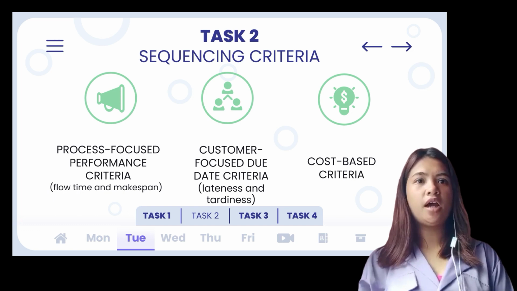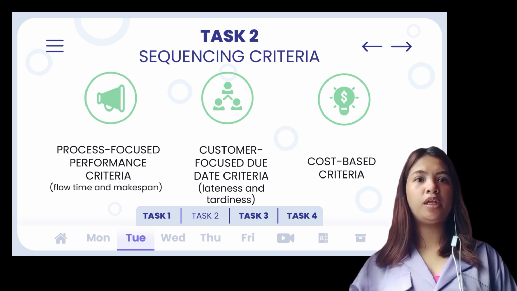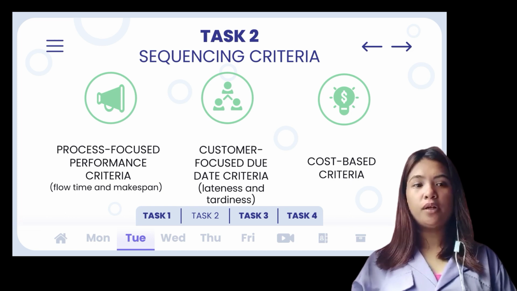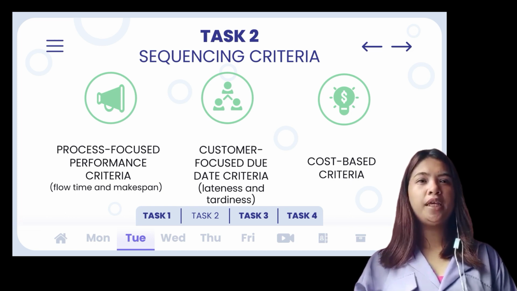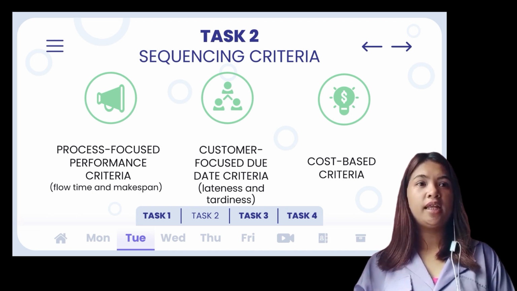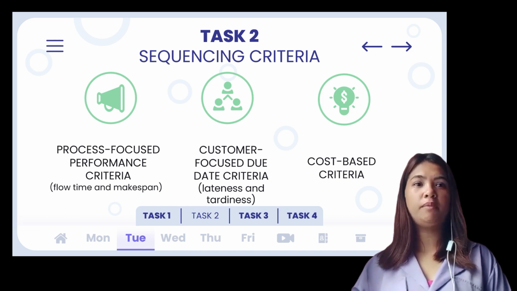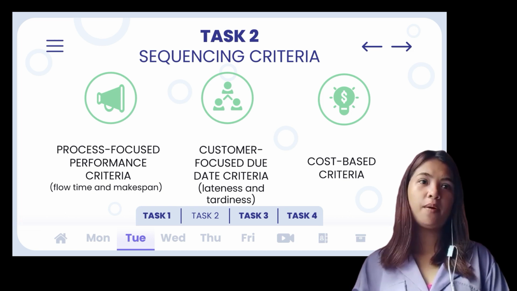Cost-based criteria are the properties of a material which provide benefit when they are minimized. Smaller, the better. Break-even pricing is another cost-based criterion that calculates the minimum price that covers the fixed and variable cost of production.